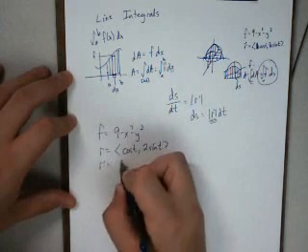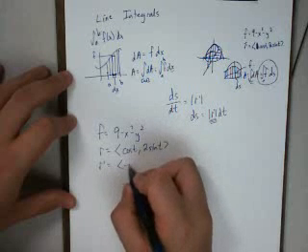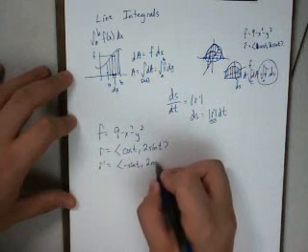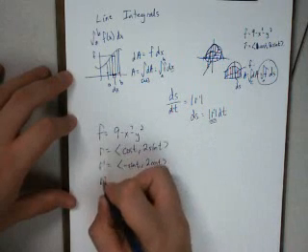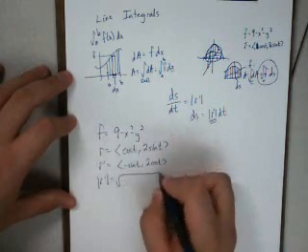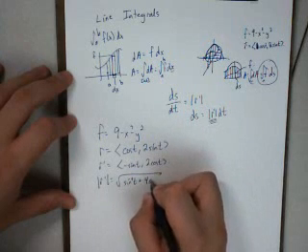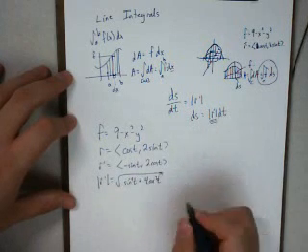Then we need to find the derivative, which is negative sine t, and 2 cosine t. The speed would then be the square root of sine squared t plus 4 cosine squared t.